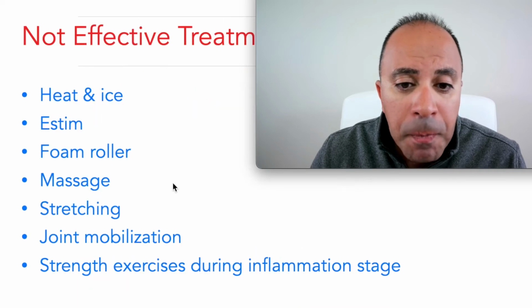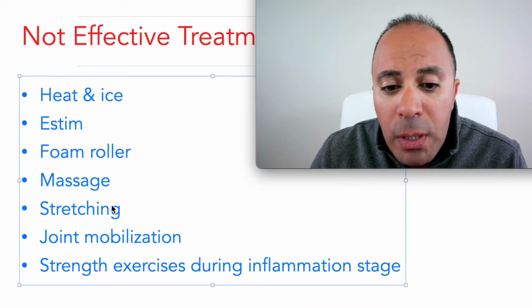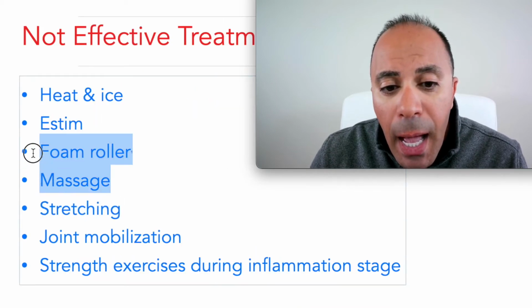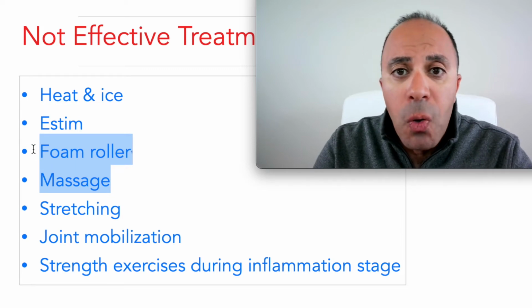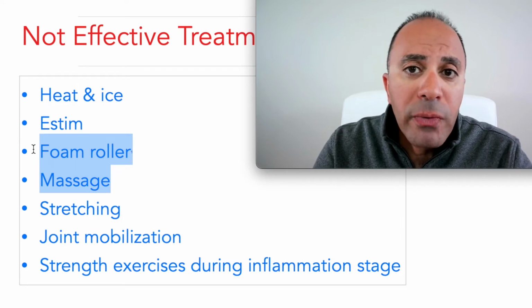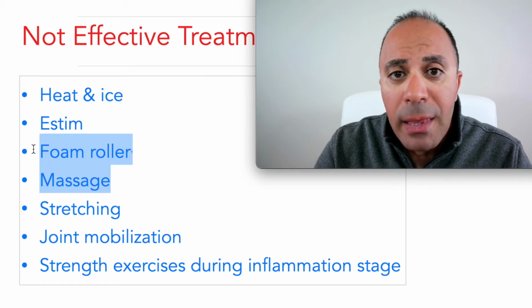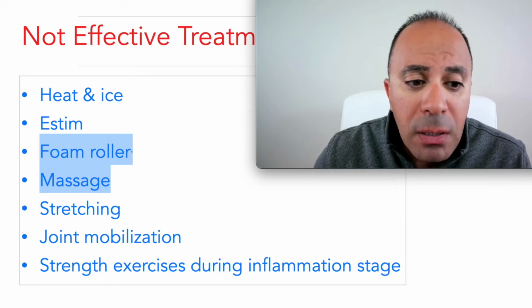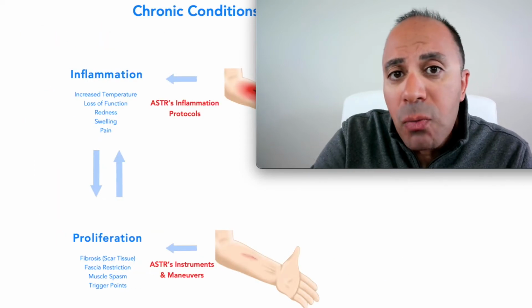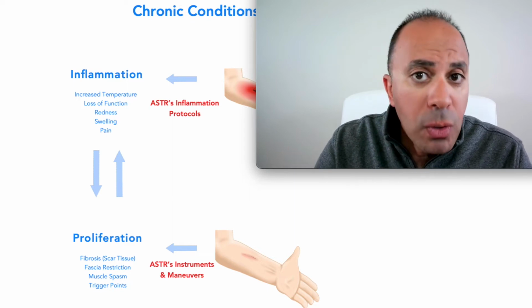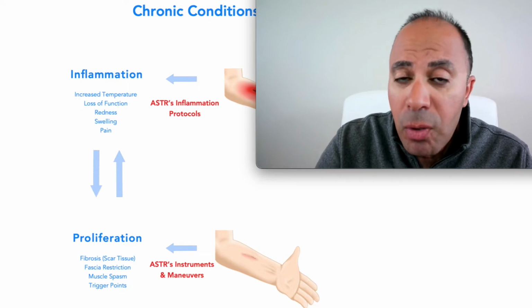Massage and foam roller, I'm going to combine those together because based on the study, they don't provide any long-term pain reduction. And think about it this way: you have internal inflammation. If you keep rubbing it with the foam roller, you're going to cause more inflammation. The same thing for massage.